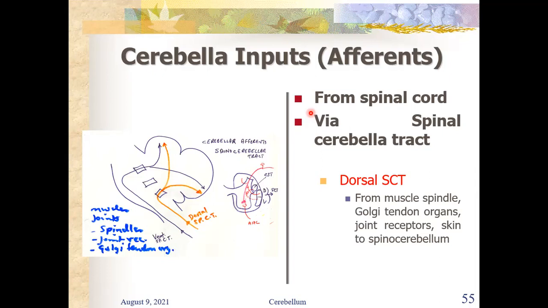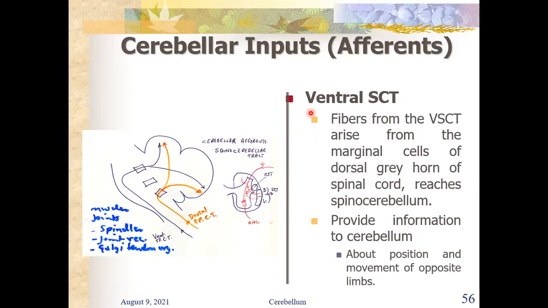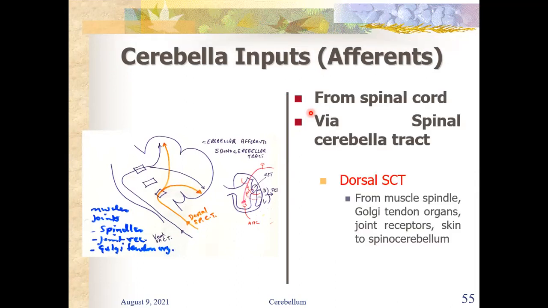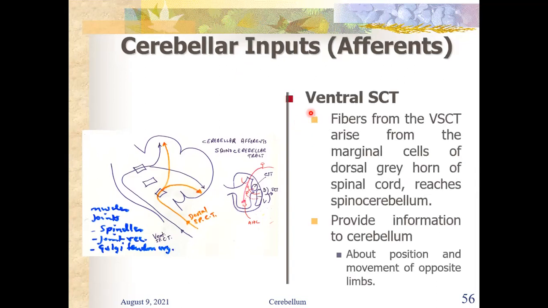So we have fibers coming in there as mossy and climbing fibers, bringing sensory information from the spinal cord via the spinocerebellar tracts. Remember, we have two types of spinocerebellar tracts. We have the dorsal spinocerebellar tract. We also have the anterior or ventral spinocerebellar tract.